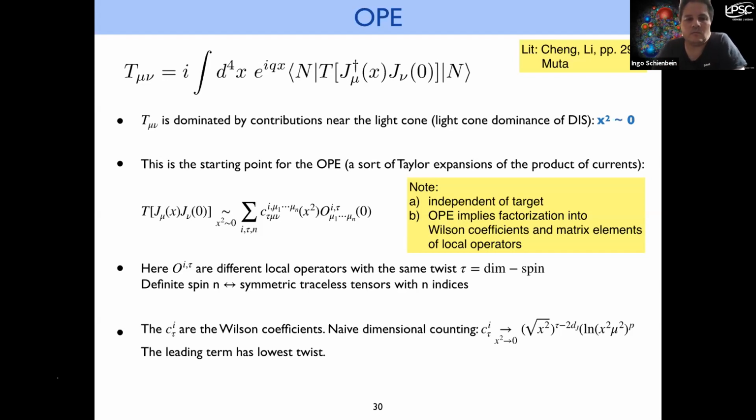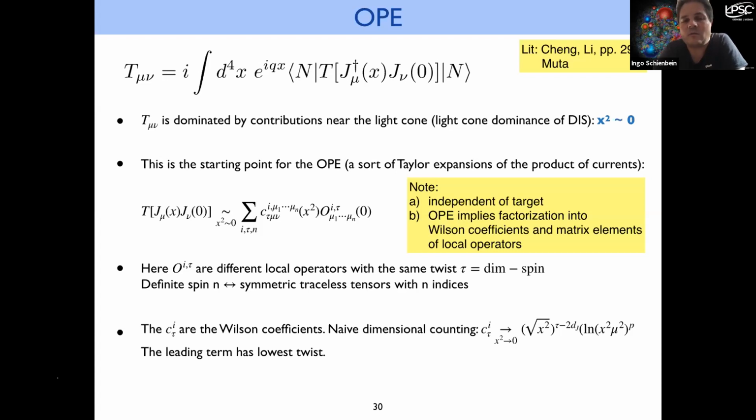And then just something to introduce the word twist. These operators O_i depend on a label tau, which defines the twist, since there are several operators which can be composed out of the quark and gluon fields. The twist is defined as the dimension of the local operator minus its spin.